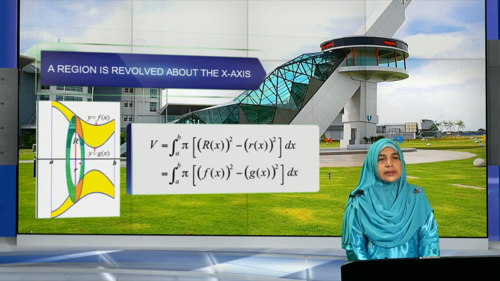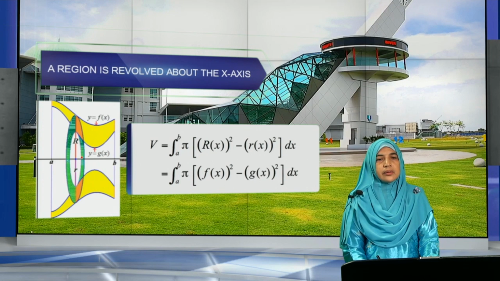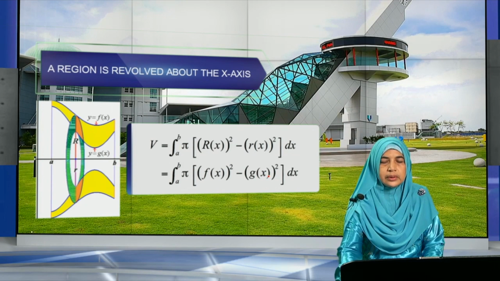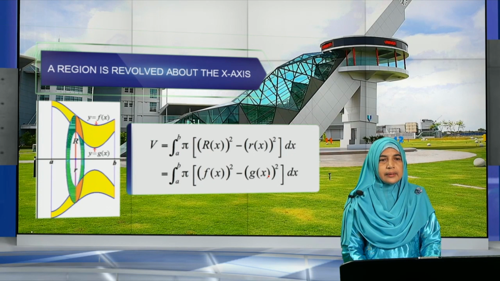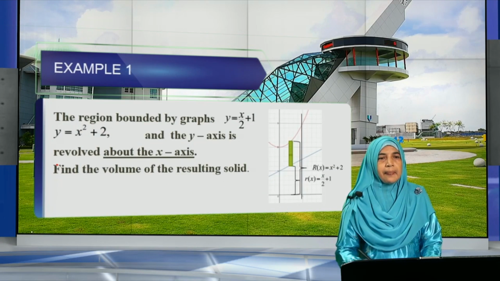So g(x) is the small r. So when we square it, we will get g(x) squared. Okay, we use this formula to find the volume of revolution of a solid bounded by the curves y equivalent to f(x), and also y equivalent to g(x) from a to b about this x-axis.